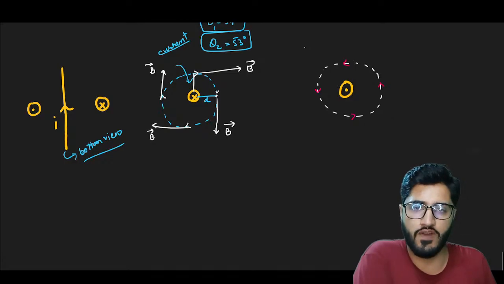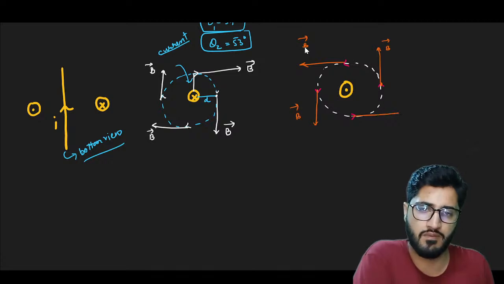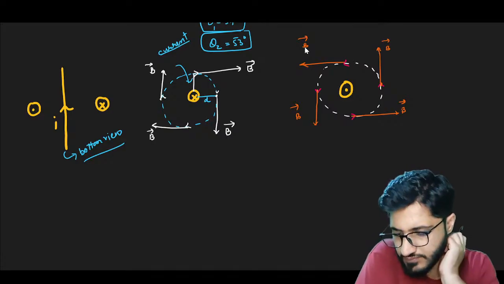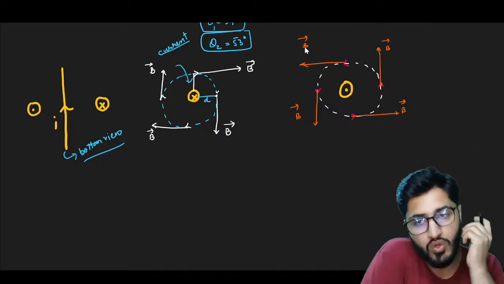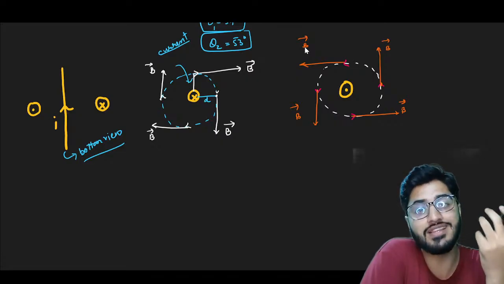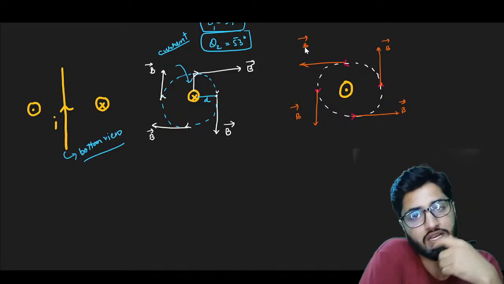Now, if you want to find the magnetic field at any particular position, it will be in this way, B here, B here, B here, and B here. So this is the way to represent the direction of your magnetic field at any point by your right hand.